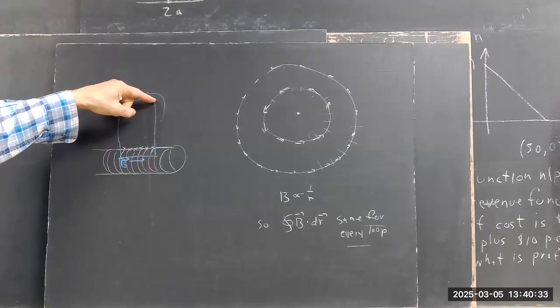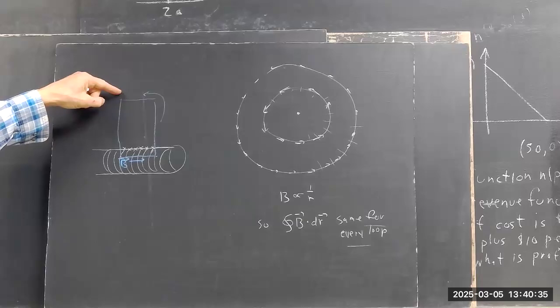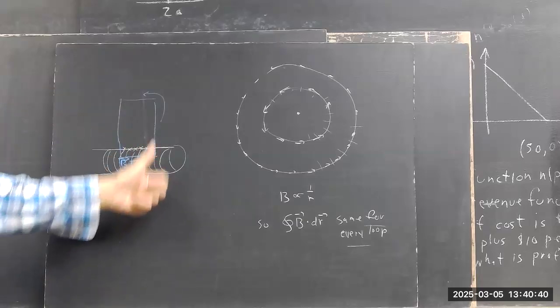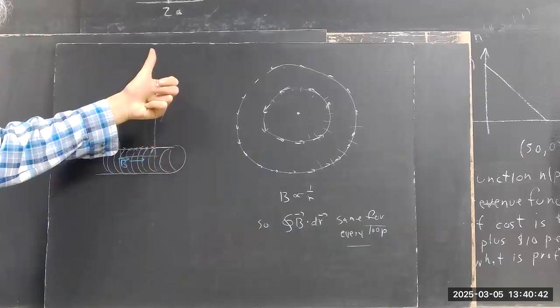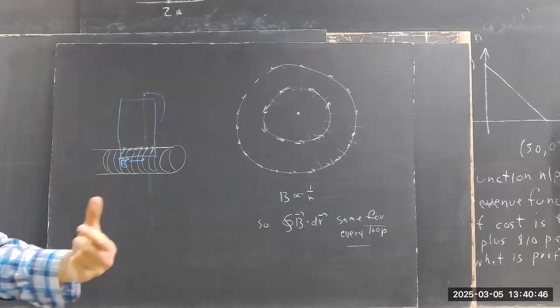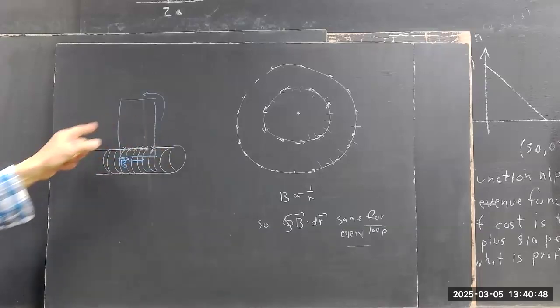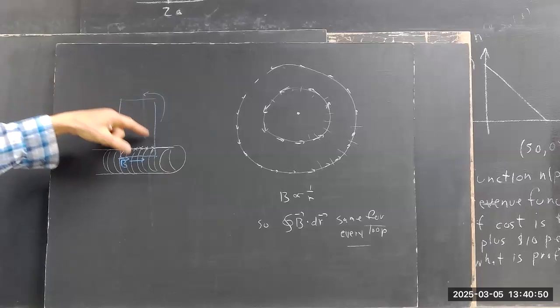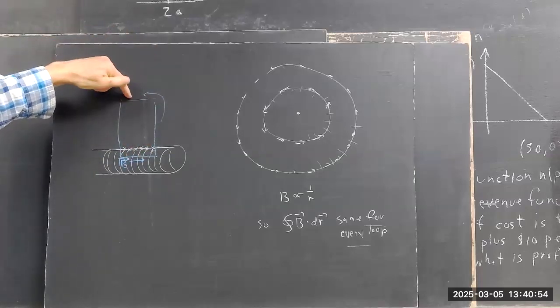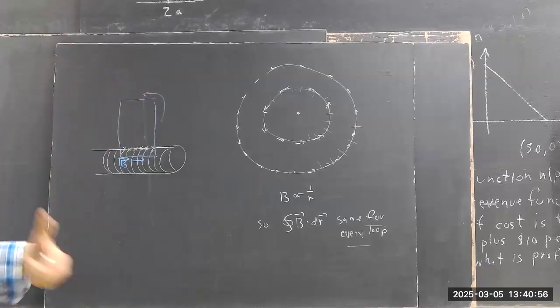So if we go this way on this path, come this way on this path, if we multiply the magnetic field times our distance here and here, it's in opposite directions, so it cancels out. And then we can make this path go as far as we want, so that the magnetic field across this part is essentially zero.